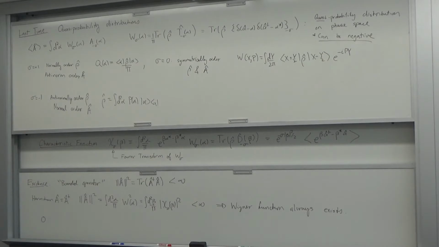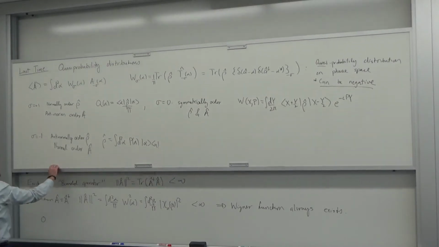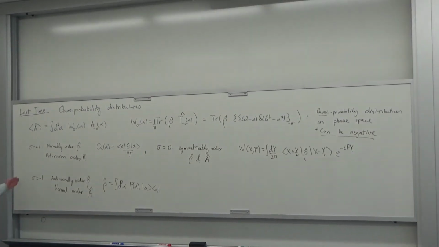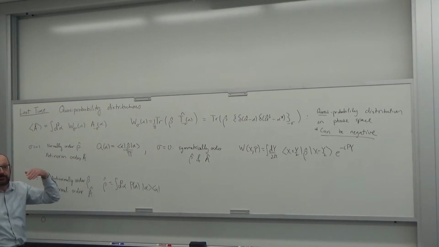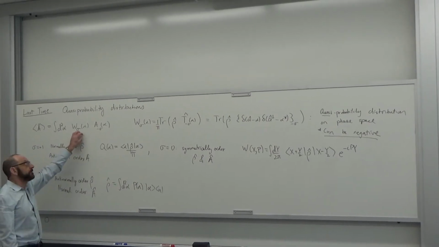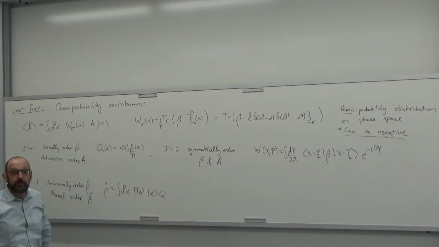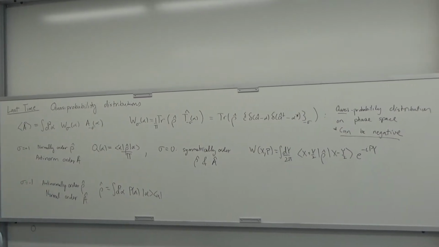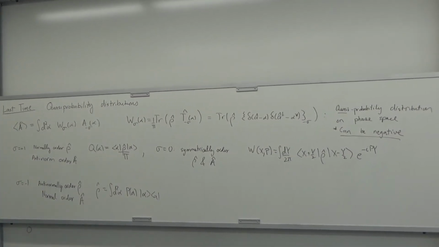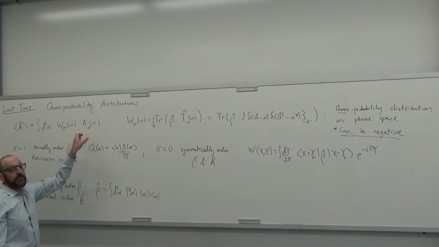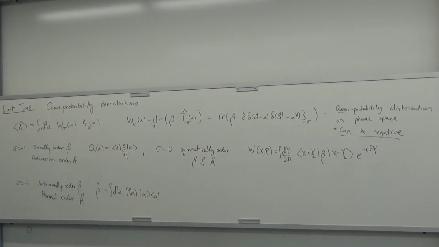Okay? And so what we have is that we can express any expectation value of any operator as an average over phase space in terms of representations of the state and representations of the operator. Okay? So these are phase space representations of the state and the phase space representation of the operator.